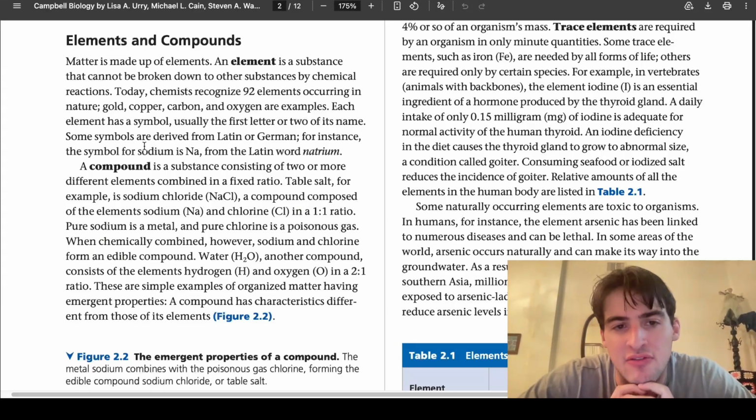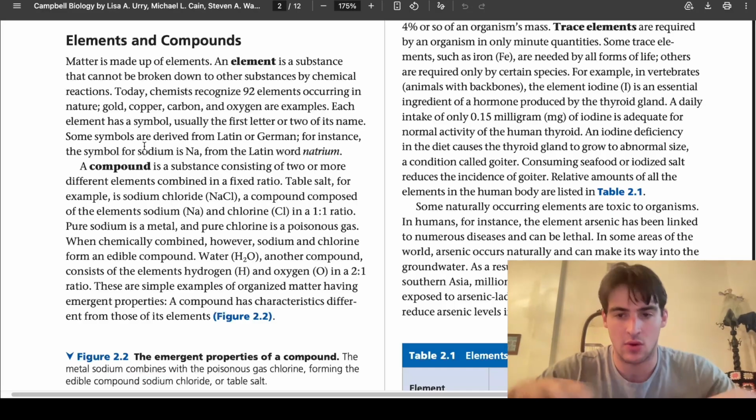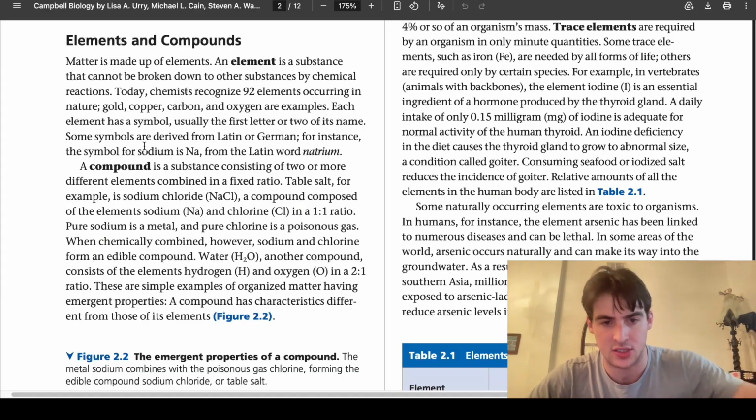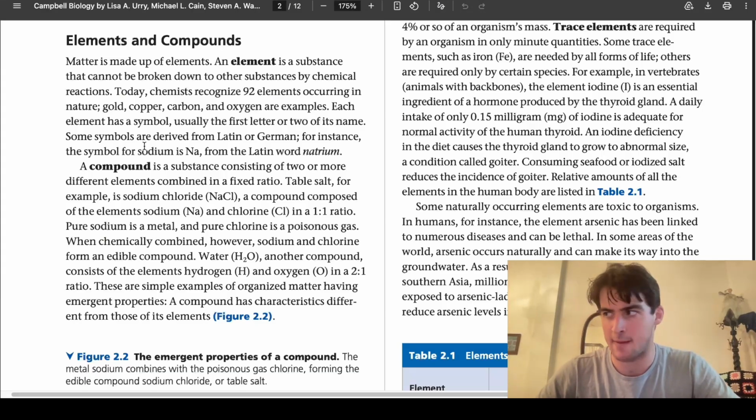A question I want to answer at some point in my life is: are the 92 elements just elements that we have observed on the Earth, or also elements we've observed outside of the Earth? Do all of these elements actually exist on this planet, or are some of them theoretical, or synthesized by humans? Are some of them only occurring on Mars?